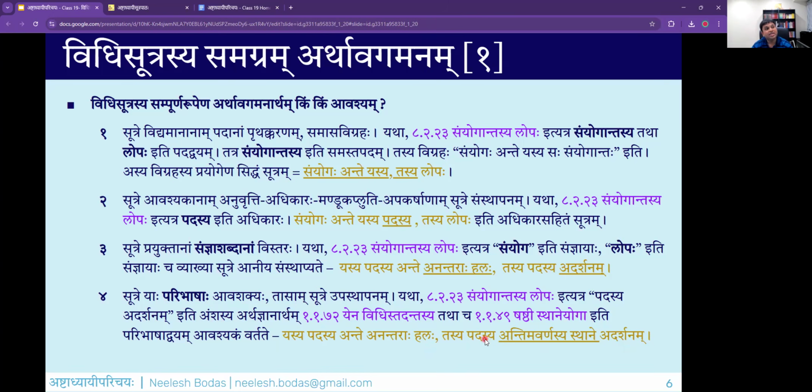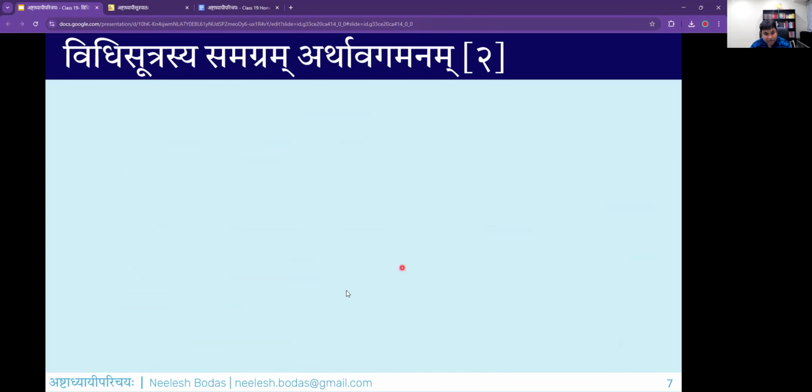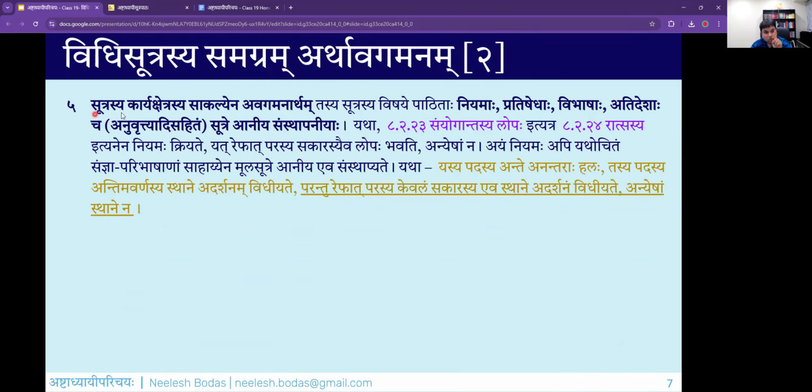All that the sutra says is it is eligible, and therefore continuing with this arthagamanam process, the immediate next important task is to understand where this eligibility gets converted into a vidhi. Because simply saying I am eligible to do something, I am eligible to climb Himalaya doesn't mean anything.